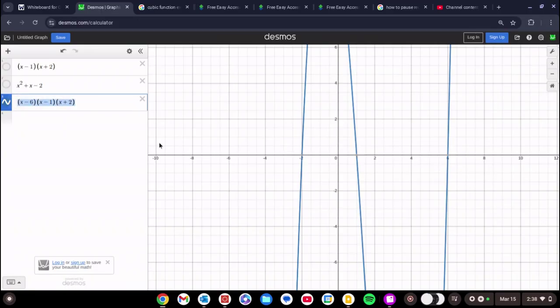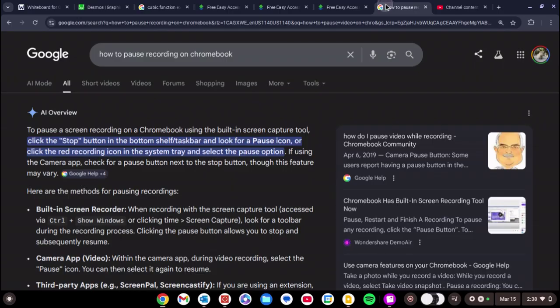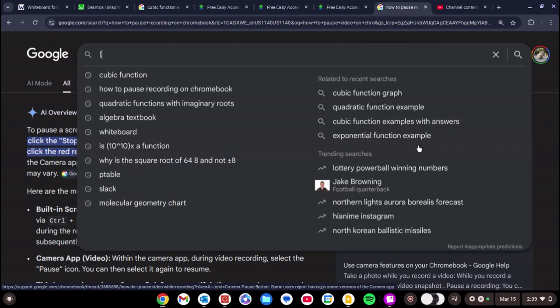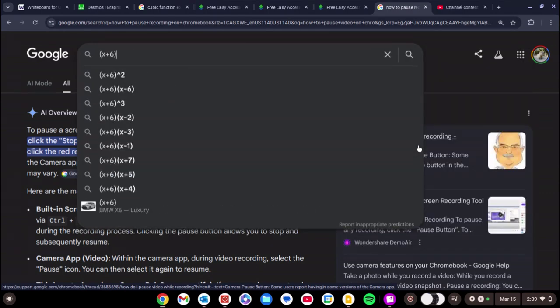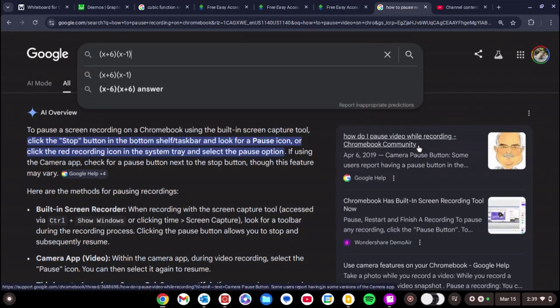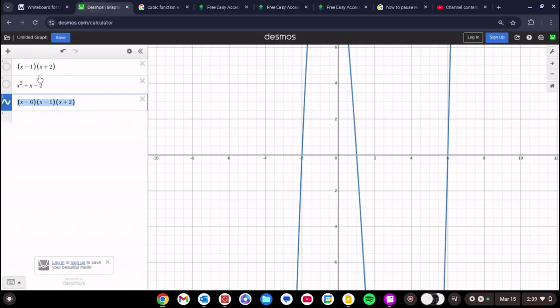I'm going to take this equation. Oh my gosh. Okay. Let's take this equation and we're going to... Is that the right equation?